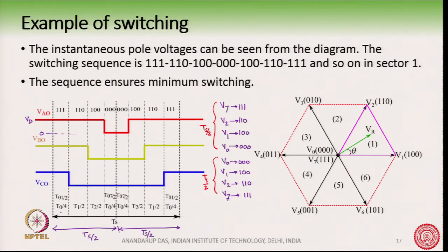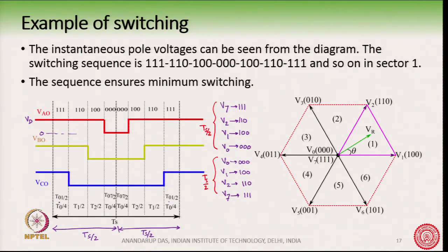So, we have now 4 timing periods under Ts by 2. Those are T01 by 2, T1 by 2, T2 by 2 and T07 by 2. And in the second subcycle Ts by 2 we have T07 by 2, T2 by 2, T1 by 2 and T01 by 2. So, basically we have split the whole thing into 2 parts.